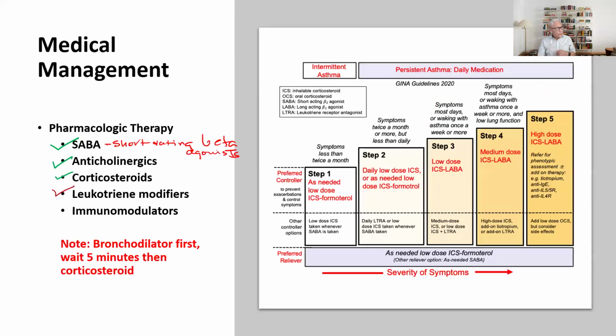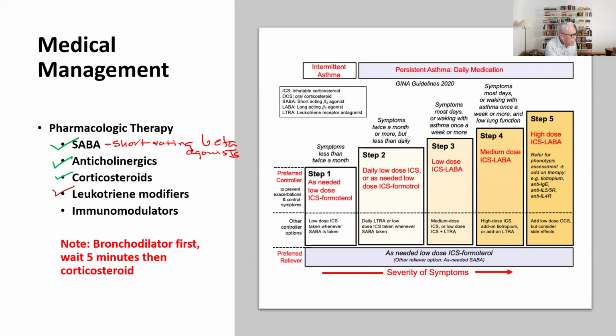All right. So we have talked about short-acting beta agonists, your anticholinergics, your corticosteroids, your leukotriene modifiers, and now we're going to do the newest drugs that are going to be used in the management of patients with asthma. And these are known as the immunomodulators.